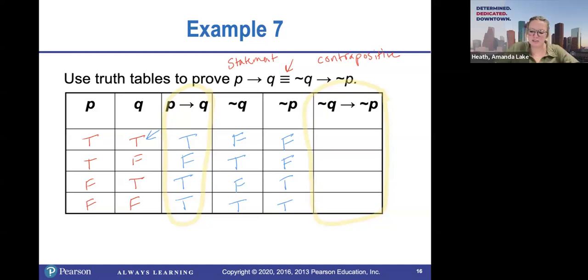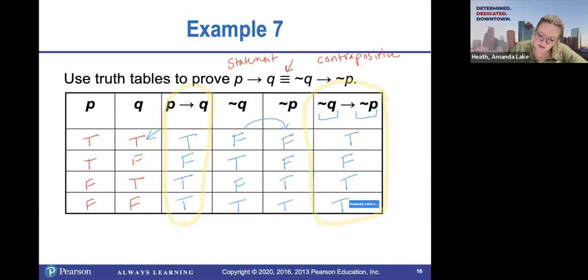And now I just need to do the implication not Q implies not P. So here I'm looking at these 2 columns. So when not Q is false, we're again going to have that vacuous truth. And then if not Q is true and not P is false, then that implication is false. And in the case that they're both true, then the implication is true.